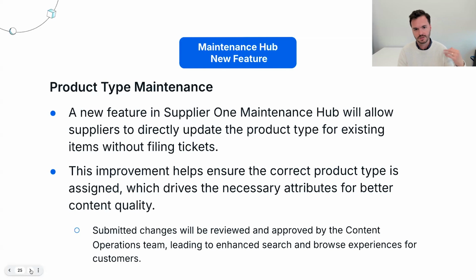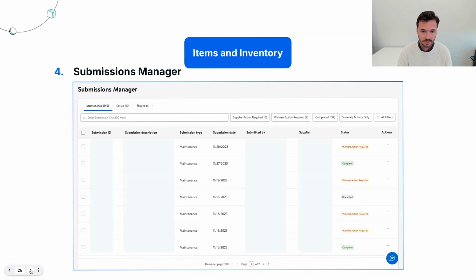Again, just more sales, better .com performance, and all of that. So submitted changes will still be reviewed and approved by the content operations team, but it should lead to enhanced search and browse experiences for customers, boosting all of that. That's what Walmart wants. That's what you guys want, and everyone can be aligned on that.